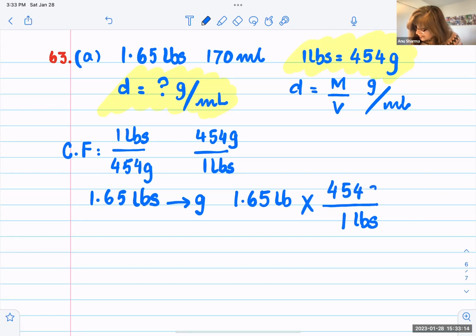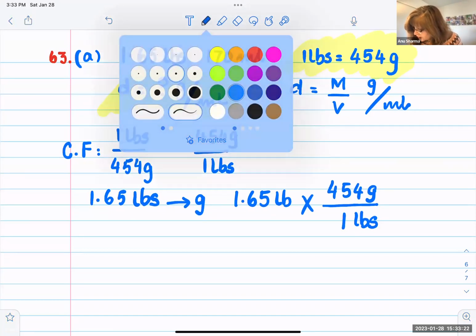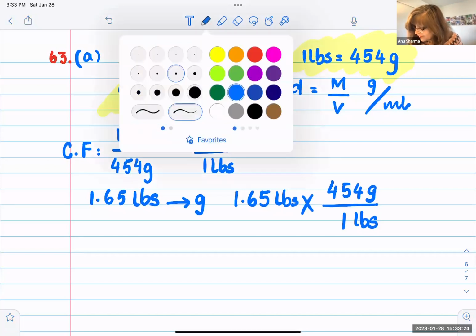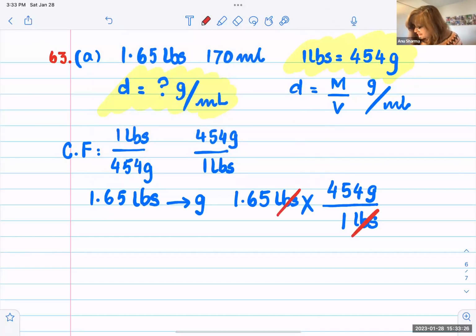This converts the pounds to grams. The pounds, LBS, and LBS cancel out, and you have a new number. As you can see, 1.65 times 454 gives you 749.1 grams.